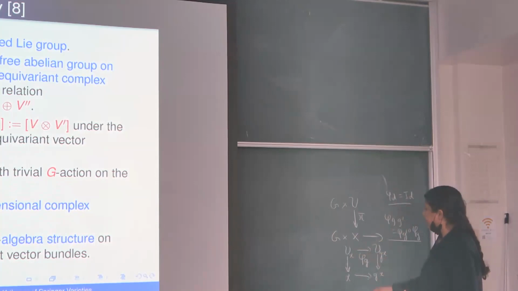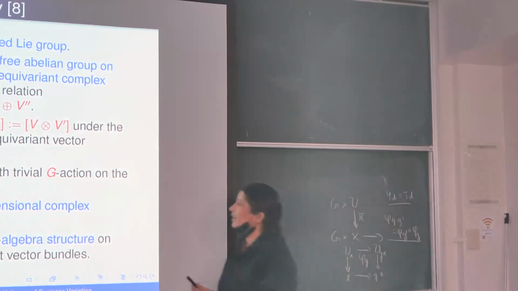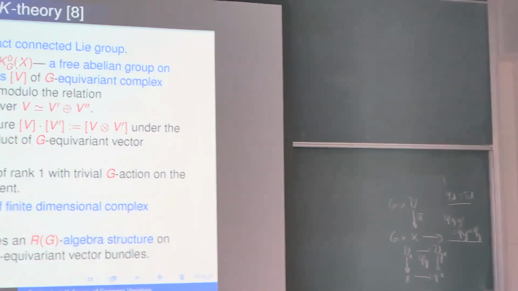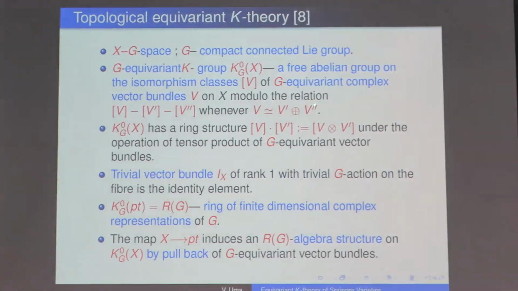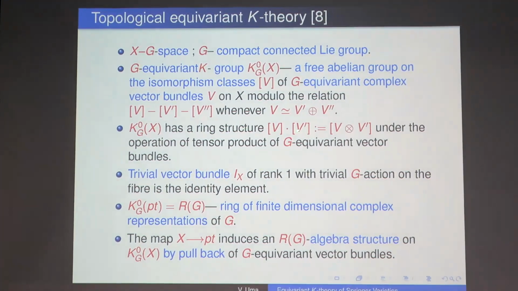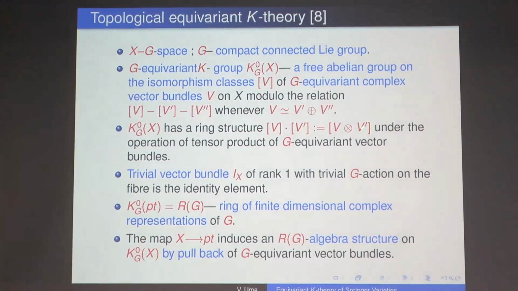So this is how we define equivariant vector bundles, and we take the isomorphism classes and go by this relation. We also know that there is a ring structure, because the tensor product of equivariant vector bundles will again be equivariant, will again admit a G action.